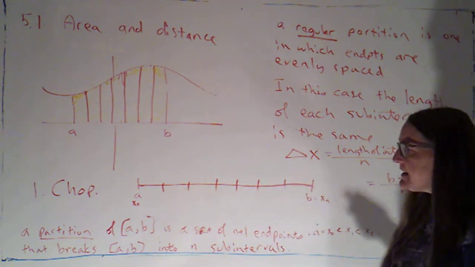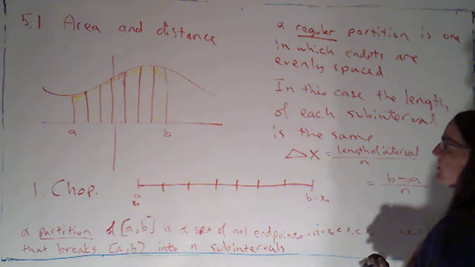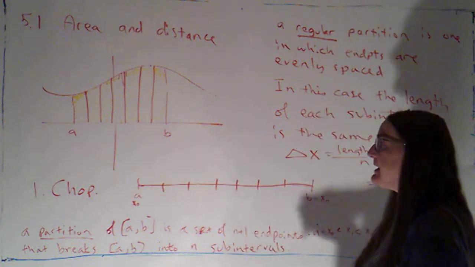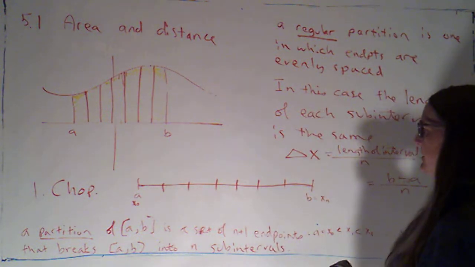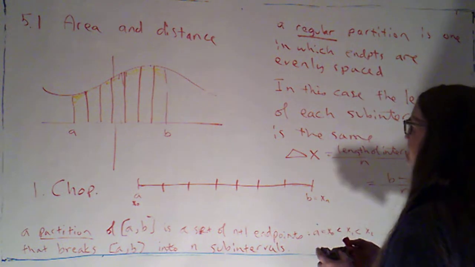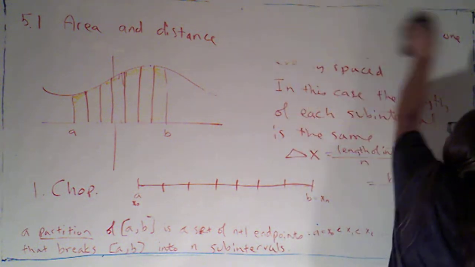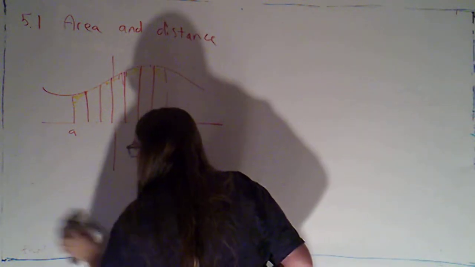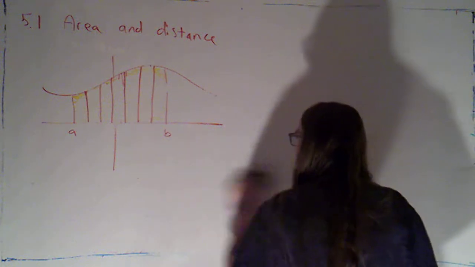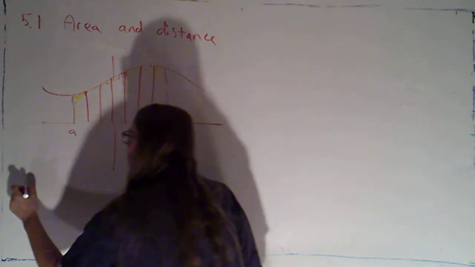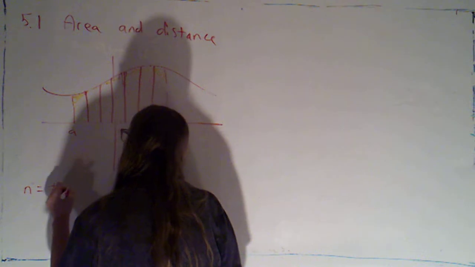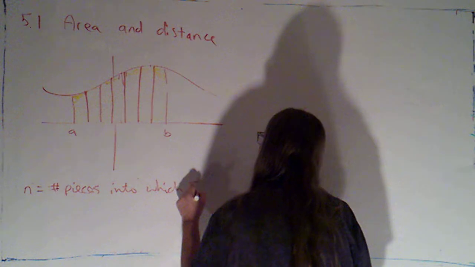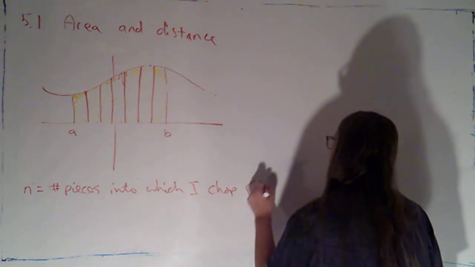Now, if they didn't have the same width, what I would have to do is use a subscript. So I'm going to need one anyway in order to talk about which subinterval I'm in. So I'm going to introduce a variable. So n is the number of pieces into which I chop the interval from a to b.